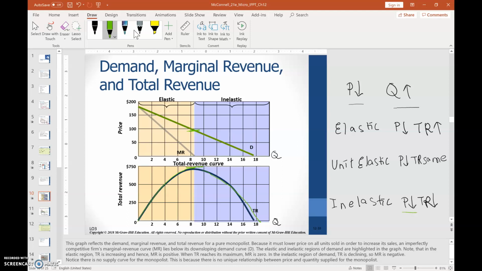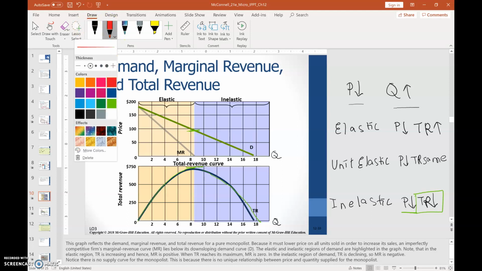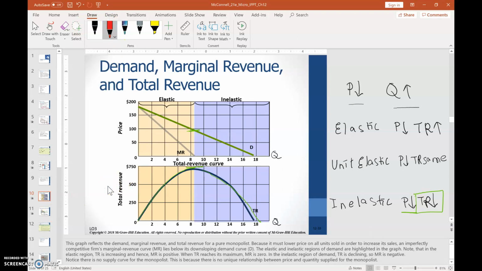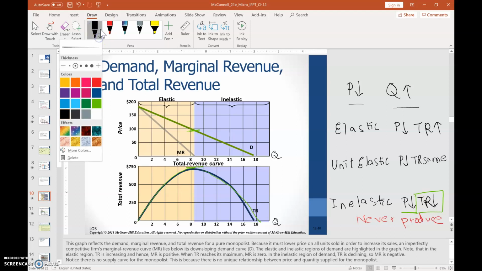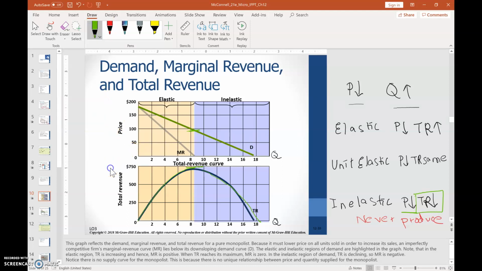So on the inelastic part, when price keeps going down, definitely the total revenue will also go down. So the monopolist will never produce on the inelastic part of the demand curve, because the monopolist would always like the total revenue to go up.